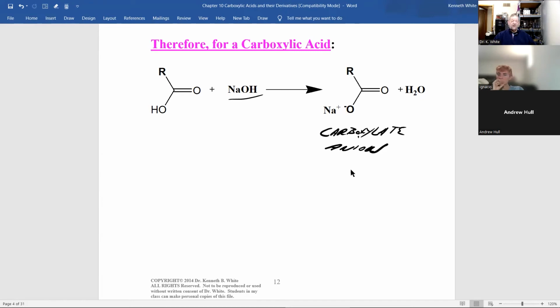And that's a straightforward acid-base reaction.